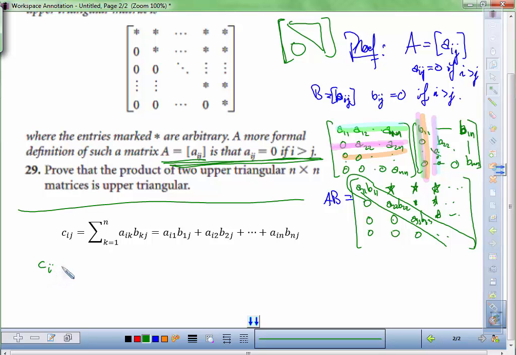C_ii is going to be the sum, k goes from 1 to n, of a_ik times b_ki. Instead of a j here, I'm going to replace it with an i because that's what it's supposed to be.